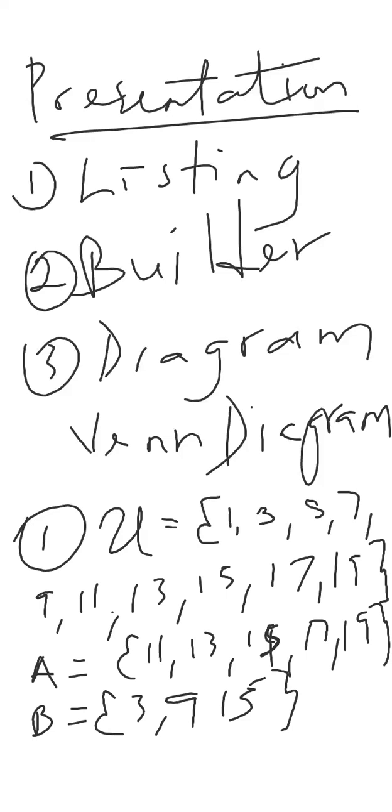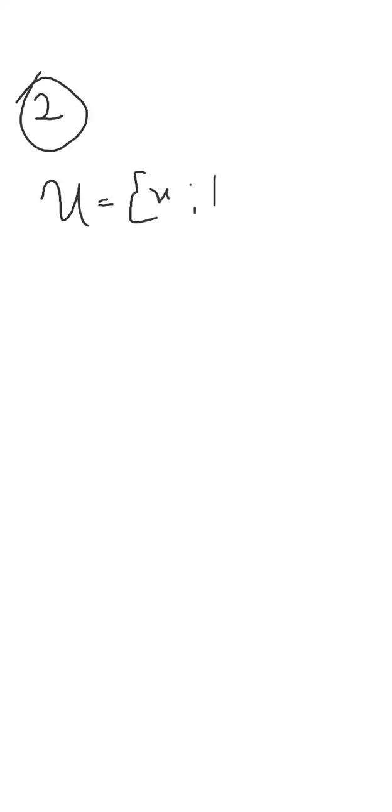Now let's go to the builder form. In the builder form, they will not give you what you need directly. They will only give you precise information that will lead you to what you need. Something like this: they can say your universal set is equal to x such that 1 is less than or equal to x less than 20.